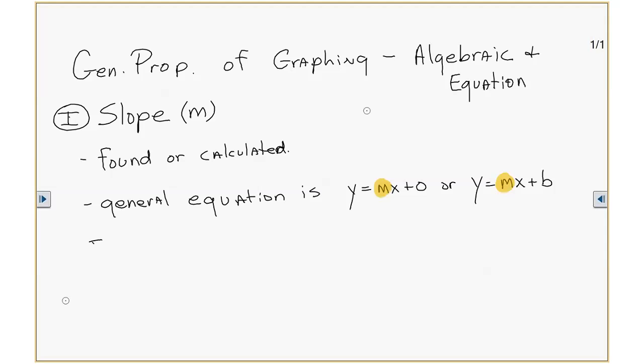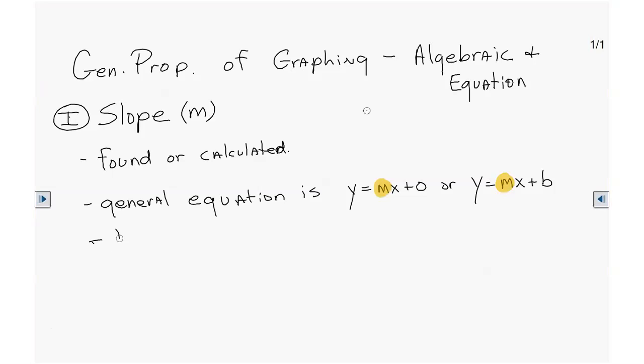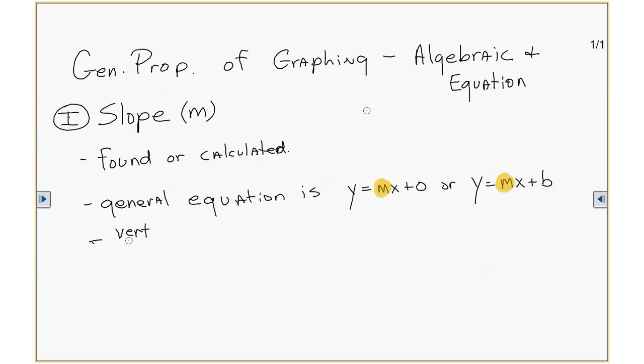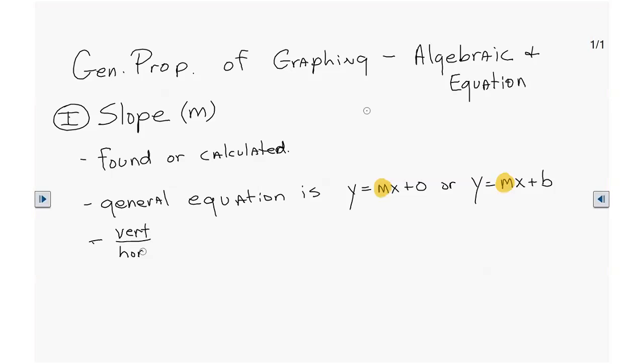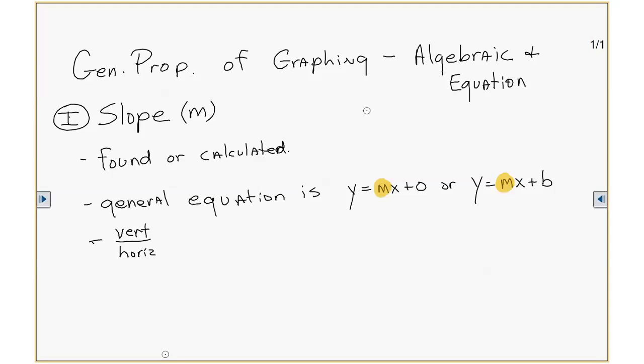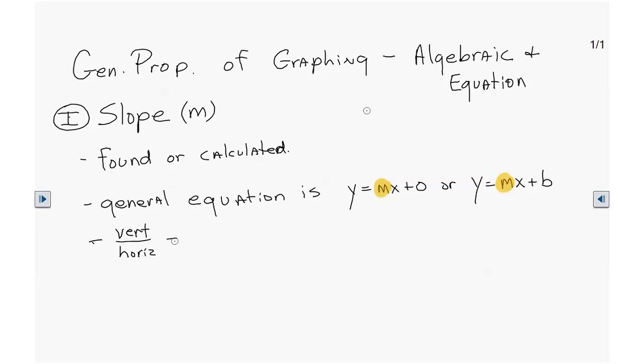Now, to calculate the slope, you have to remember what the slope is. Vertical over horizontal. Okay? Now, vertical over horizontal means the change of y over the change of x. That's the way it's written.